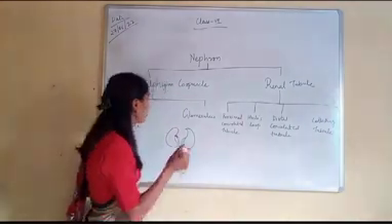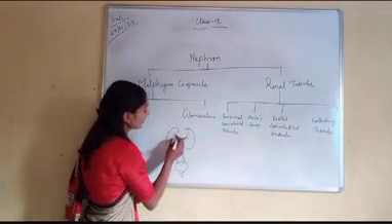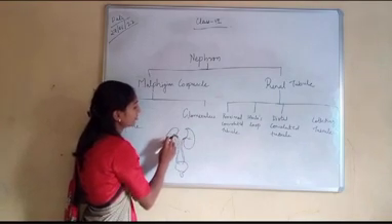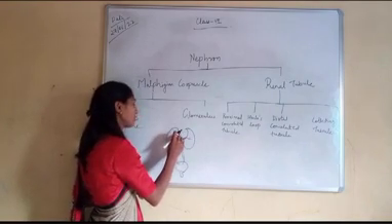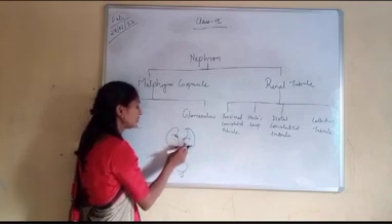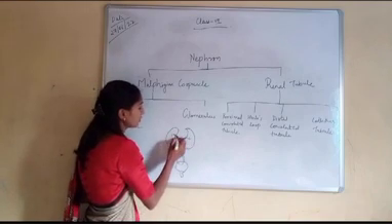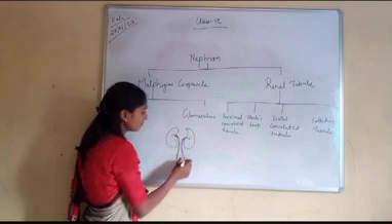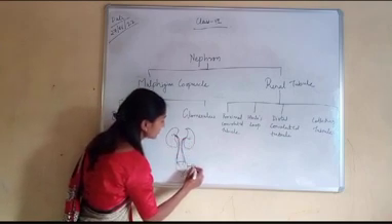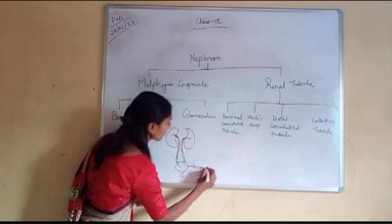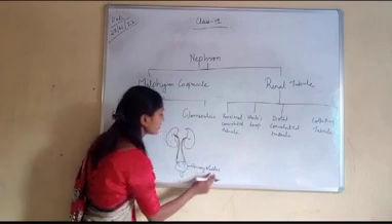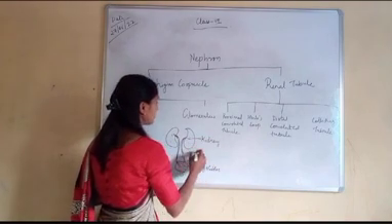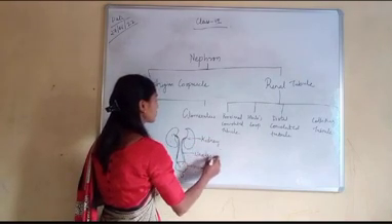From both the kidneys, the collecting tubules meet here and go to both the ureters. Now these waste products get collected in the urinary bladder. This is the urinary bladder. These are the kidneys. This is the ureter, the tube-like structure.